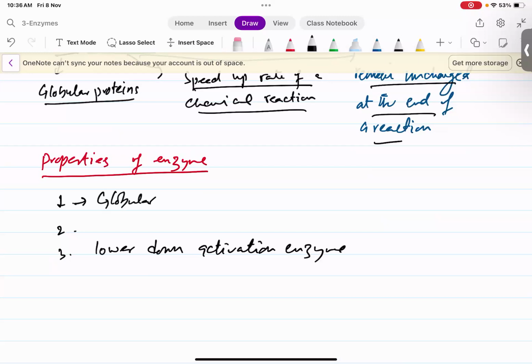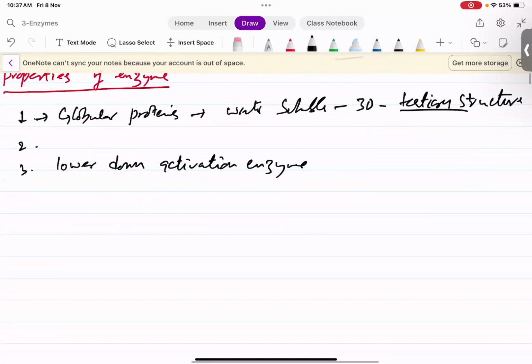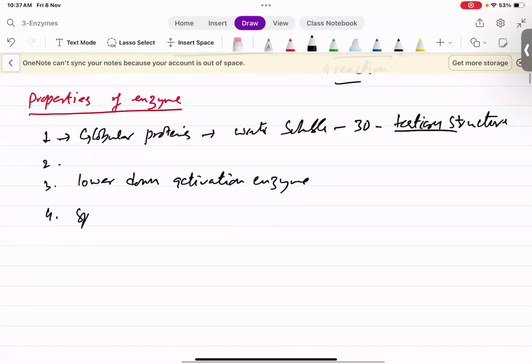There are some more points that we can add with globular proteins. They are water soluble, and they have a 3D tertiary structure. So they generally have a single polypeptide. And they are specific to pH, temperature, and substrate concentration.